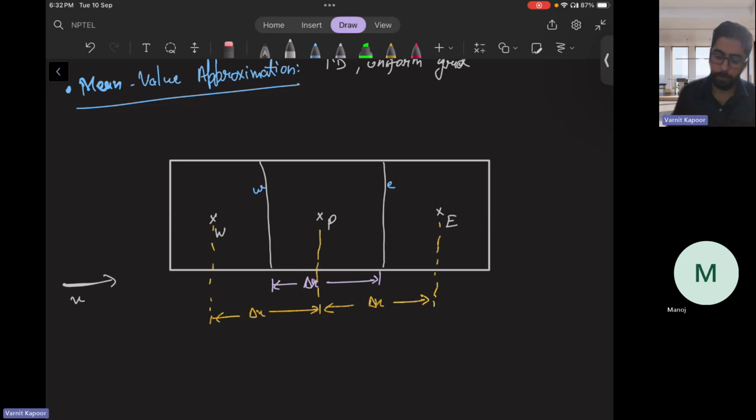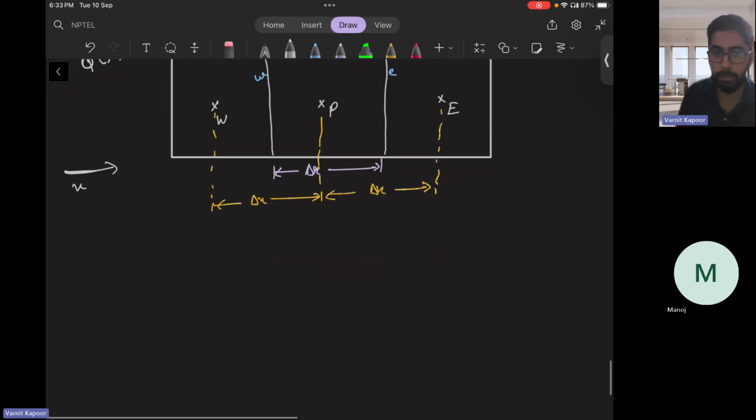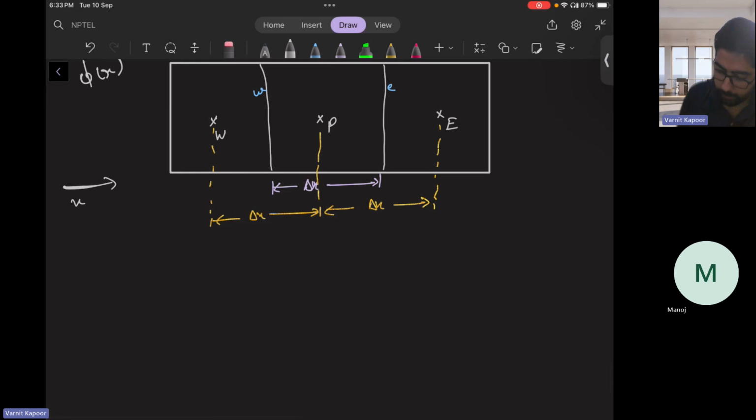Now, if you do for any property phi of x being diffused, the Taylor series expansion here.